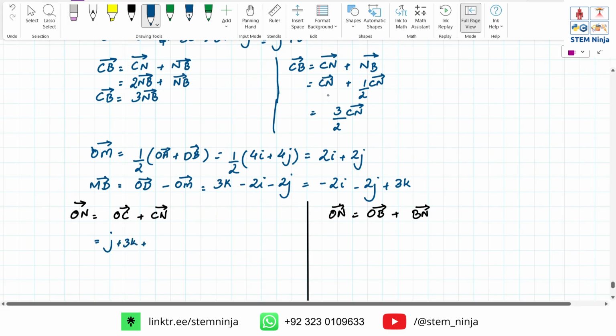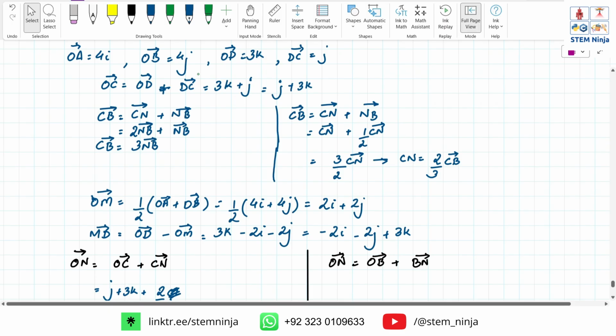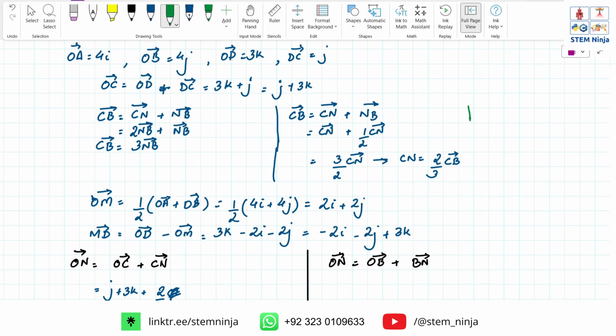and CN would be 2/3 of CB. We actually need CB first. So CB, in terms of position vectors, can be written as OB minus OC. So OB is 4j and OC we figured out to be minus j minus 3k.